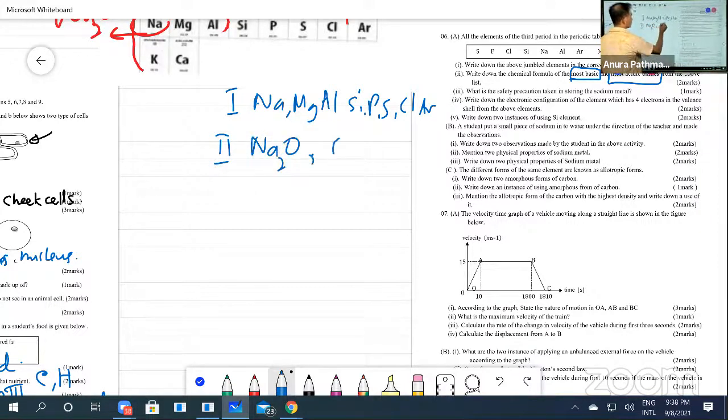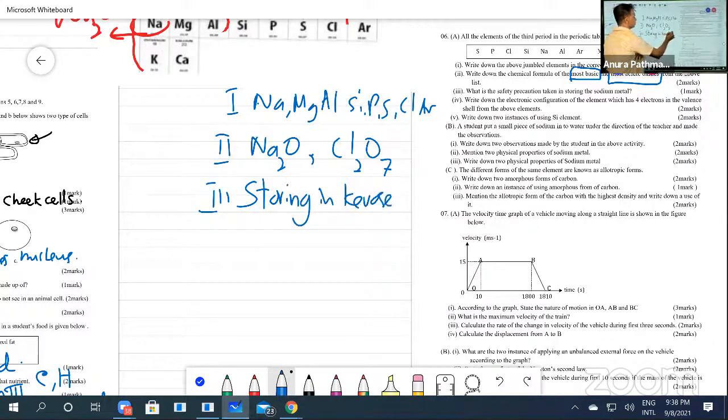But the other one, Cl2O7. Third one, what is the safety precaution? Storing in kerosene oil. And what's the fourth one?